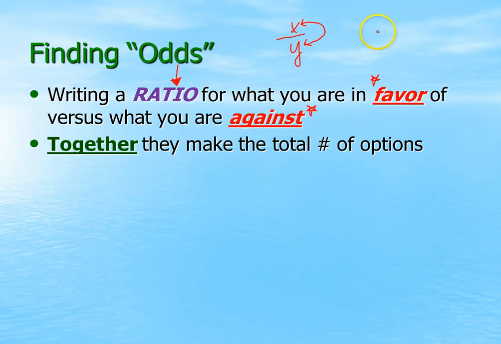So if I have 10 cards and 5 of them are black and 5 of them are red, then my odds of drawing a black one are 5 black over 5 red. So the odds are 1 to 1. That'll make sense hopefully as we do a couple examples, but what you have on top and what you have on bottom give you your total number.